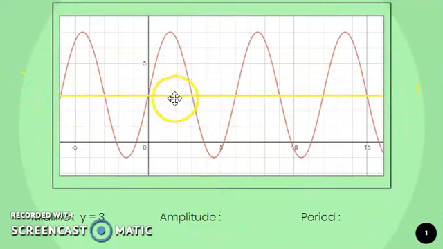From this midline, we can see that it is 4 units to the maximum, or the top, and 4 units from the midline to the minimum, which means the amplitude of this function would equal 4, because that is the distance from the midline to the maximum, or the distance from the midline to the minimum.